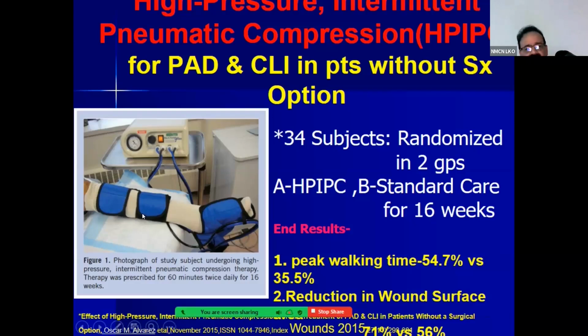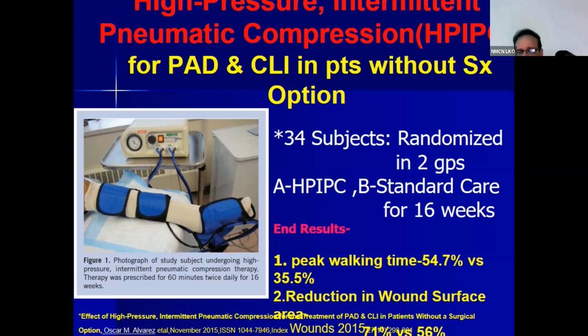There are three bladders wrapped around the leg, or there is one sleeve, sometimes a continuous sleeve, and there is synchronized compression from above to below. It compresses first of all the thigh muscles, so the thigh arteries, and then blood flows in a distal manner.